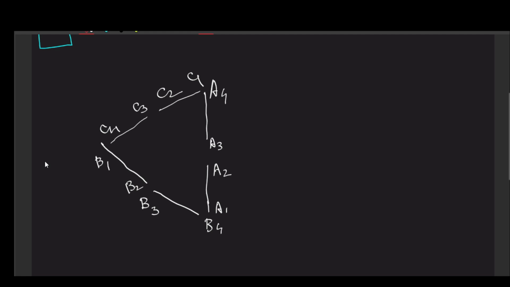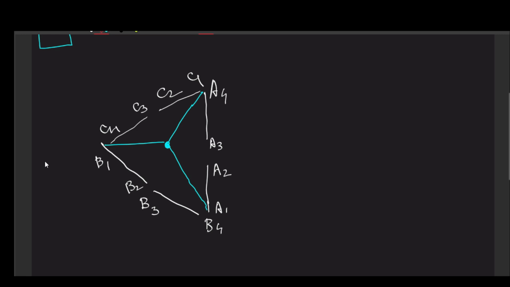However, here as it is in delta, in order to figure out what we need to do, we have to draw, as I told you, we have to form a star inside this delta. Now, what we are looking for?